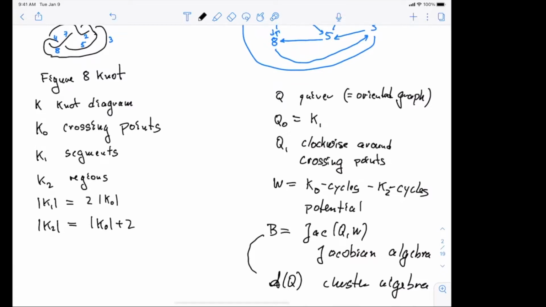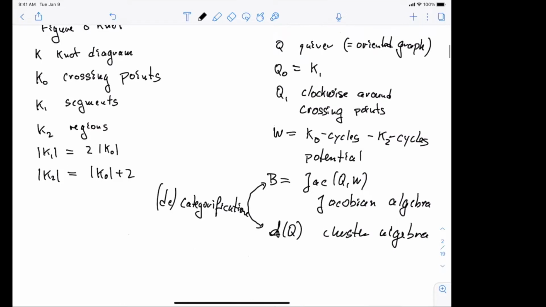There's categorification. Or, well, depends which way you want to go. You might want to call it decategorification.